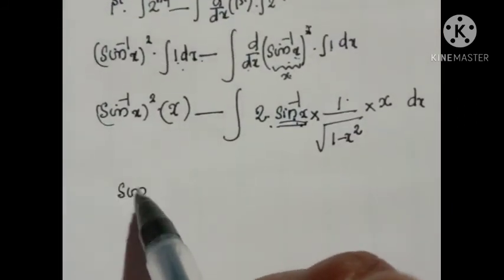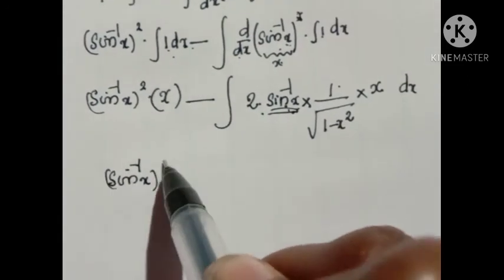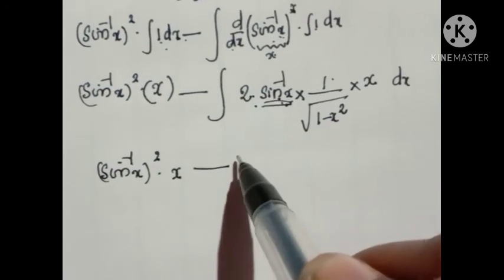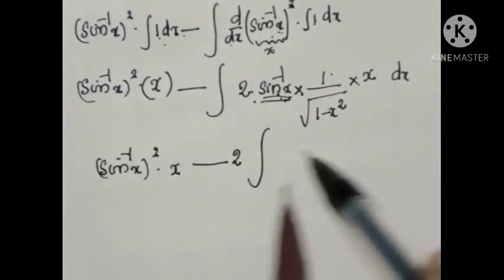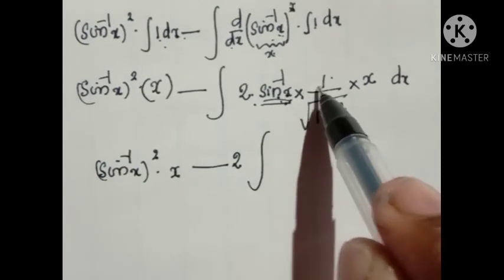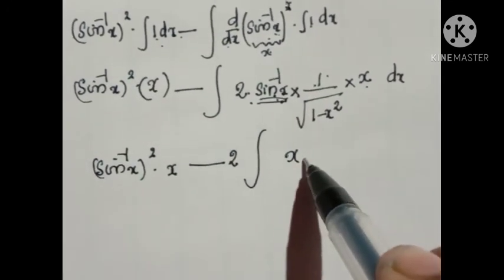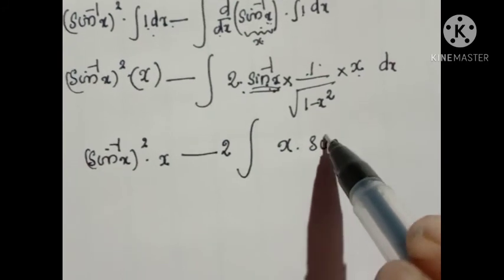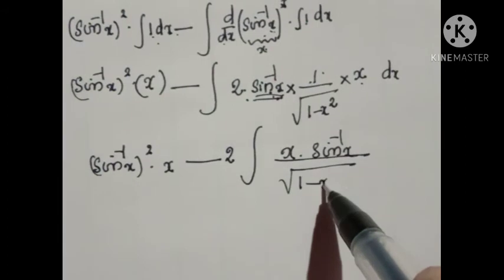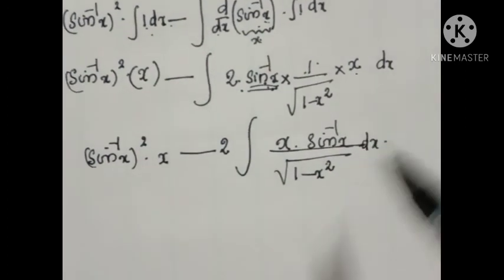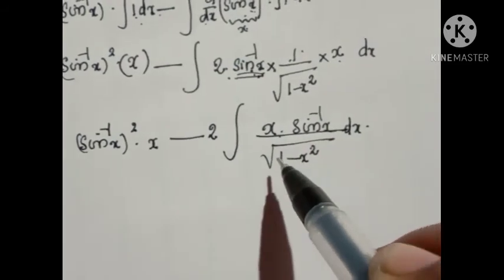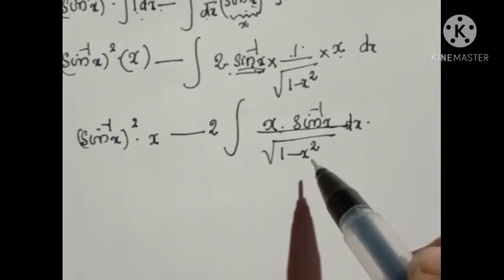This is equal to (sin⁻¹x)² into x minus, here 2 is a constant, so take it outside, 2 into integral x sin⁻¹x/√(1 − x²) dx.